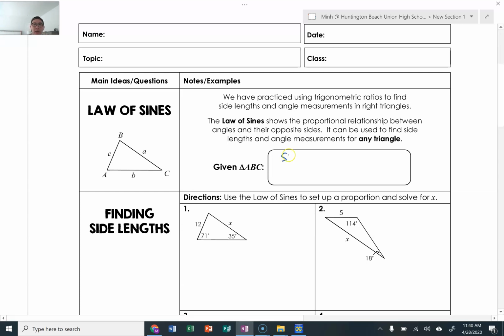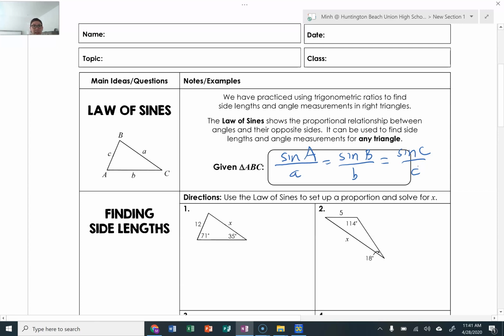So you have sine of A, that's reference angle A, over the side that's across from it, side a. Then you have sine of B, and then that's going to be over the side across from it, which is b. And then you have sine of C, and then that's going to be over the side that's across from it.